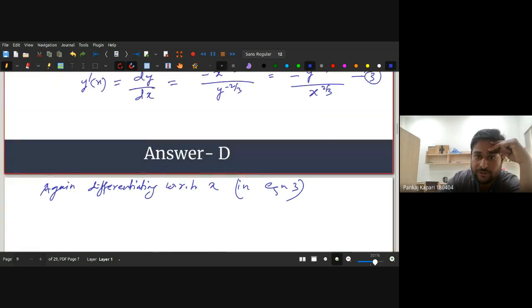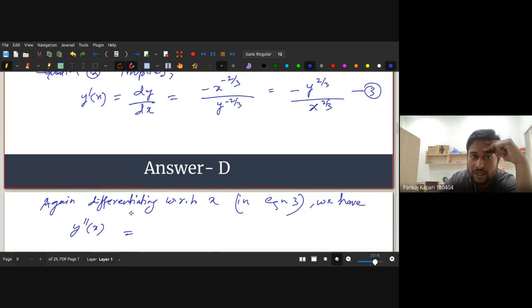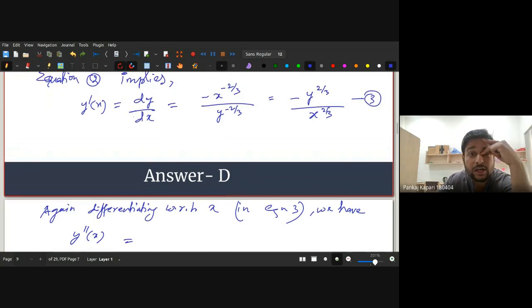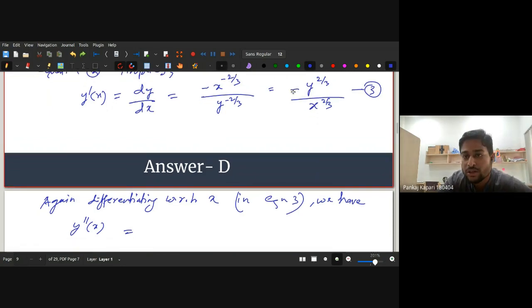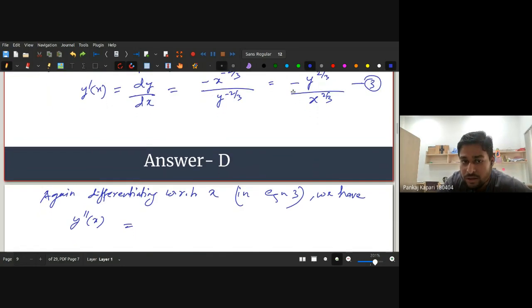Okay, so what do we have? We have that y double prime of x is equal to, now notice that we are differentiating the third equation, which is the quotient of two functions. So we'll use the quotient rule of differentiation.